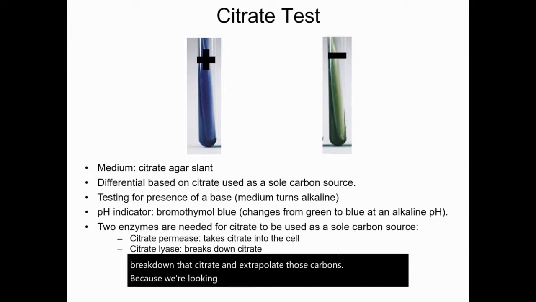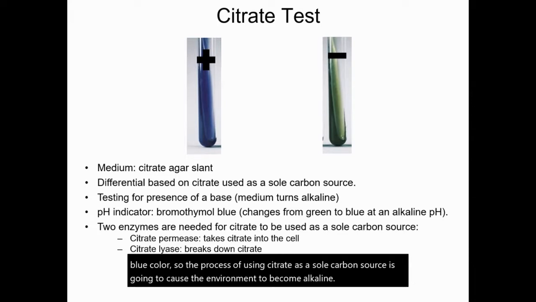Because we're looking at an immediate color change, that means we have to have some sort of indicator in the media, and this indicator is bromothymol blue, and at basic pHs, it is going to change from the starting green color to a blue color. So the process of using citrate as a sole carbon source is going to cause the environment to become alkaline.